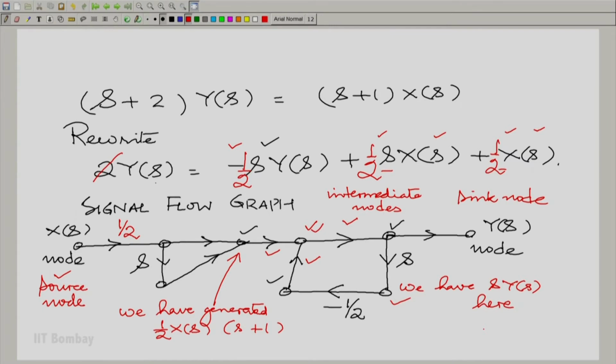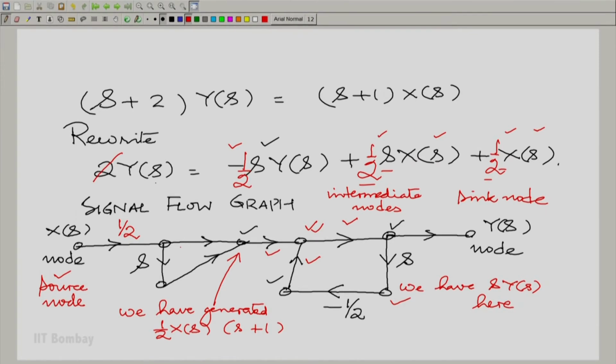This is a signal flow graph, and this is a very common way of representing a block diagrammatic representation of rational systems at least. It could also correspond to irrational systems, but we are not getting into that right now. So, you see, you get what is happening here. You have multiplied x by half. So, it is taken care of this factor of half here in both these places.